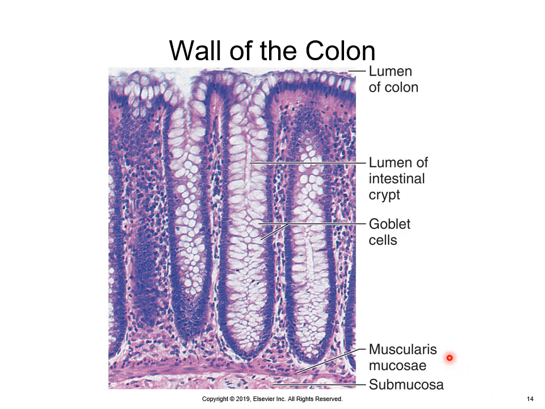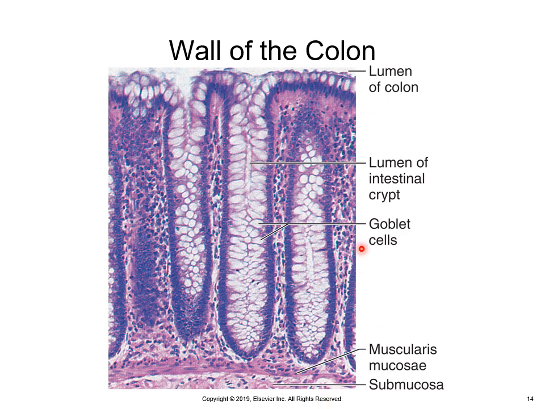Last but not least, down here we can see the muscularis mucosa and also the submucosa. The muscularis mucosa is a thin layer of smooth muscle that aids in the movement of that mucosal layer. And we also have the submucosa, and that's the area that's going to contain the blood vessels, the lymphatics, and also the nerves that support nutrient absorption and also our immune function.